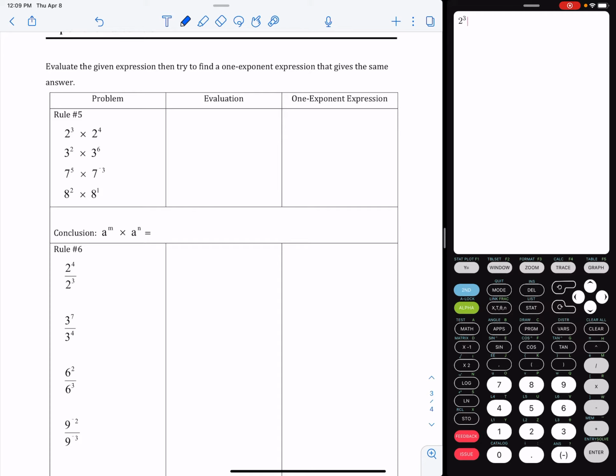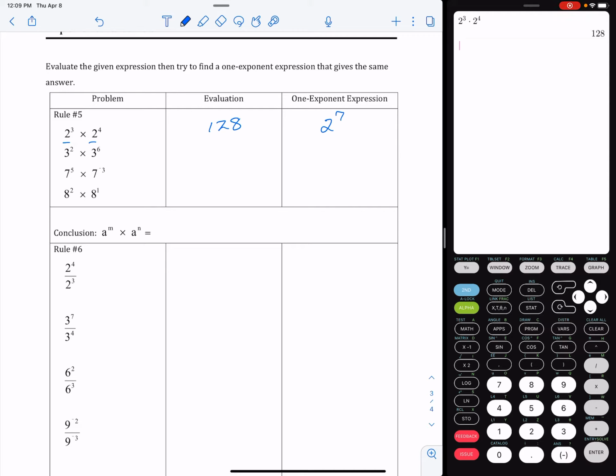Then I do times 2 exponent 4, and you end up with 128. That's my evaluation. Now what I'm looking for is a single exponent expression. If you'll notice in the problem, my bases are the same. So I want to know, if I use that same base, what's the single exponent I could put there in order to get 128 as an answer. And what you find out is that it is 7 in this case.